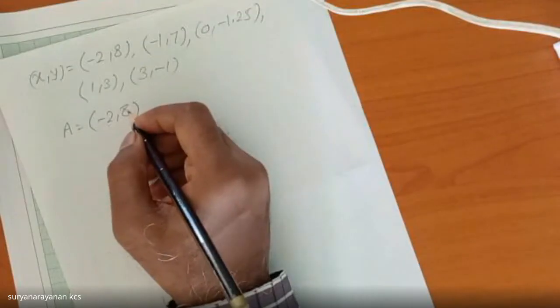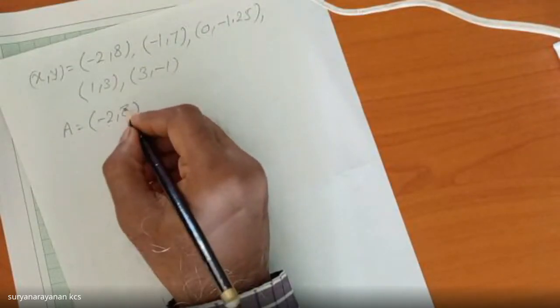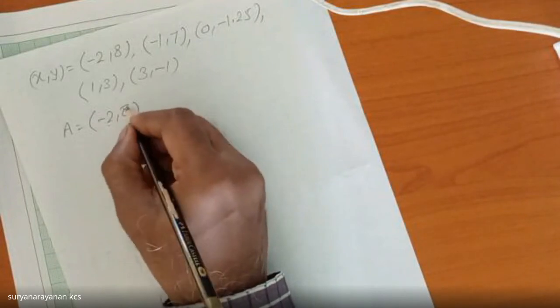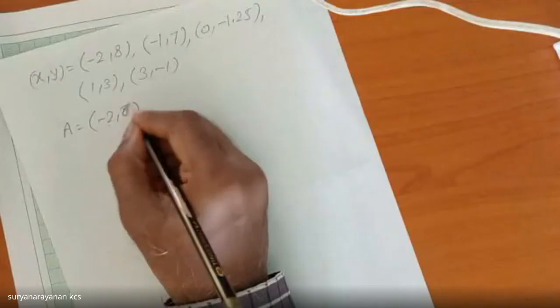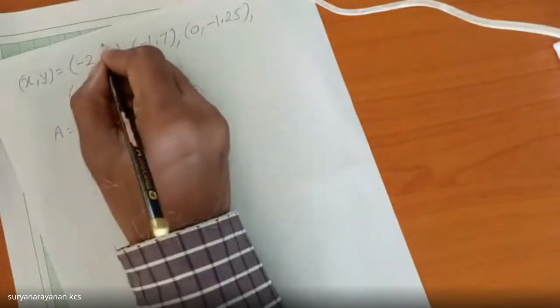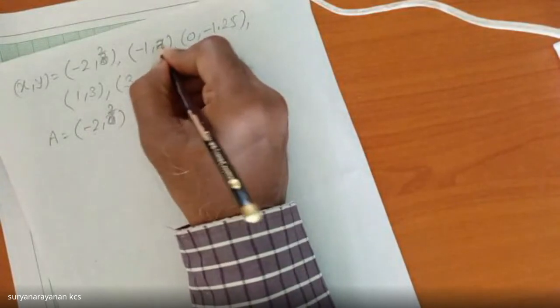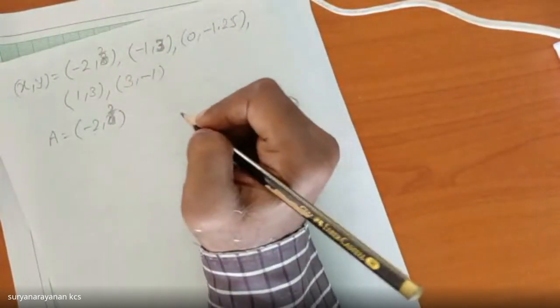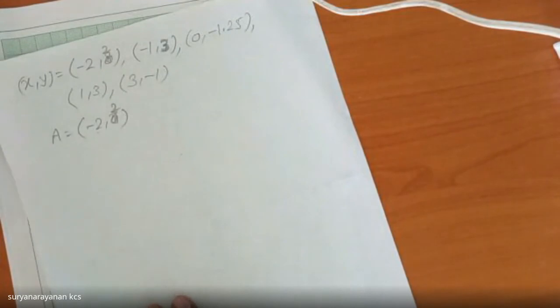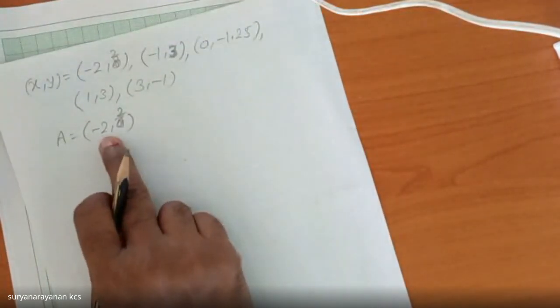Okay, minus 2 comma 2. Change it as minus 2 comma 2. Sir, the next number also we are having 7. Change it as 3, minus 1 comma 7. Okay, like this we have to change because the graph is not sufficient. So the first point is minus 2 comma 2.